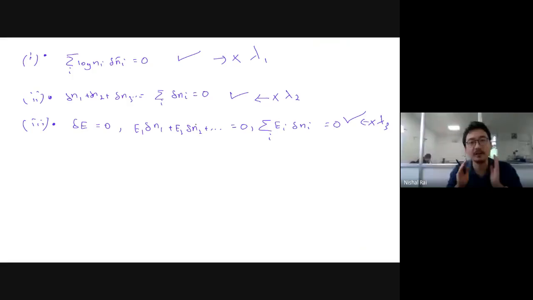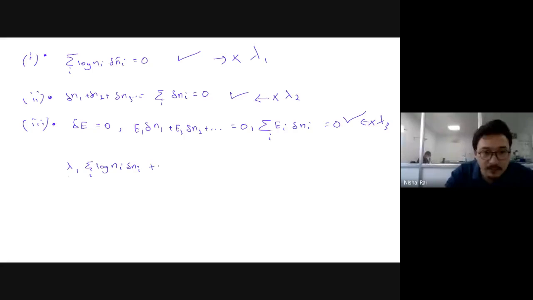From there, we will get a condition when they will be satisfied simultaneously. So the first quantity will be lambda 1 summation over i of log of Ni delta of Ni plus lambda 2 summation over i delta of Ni plus lambda 3 summation over i Ei delta Ni, which should be 0.